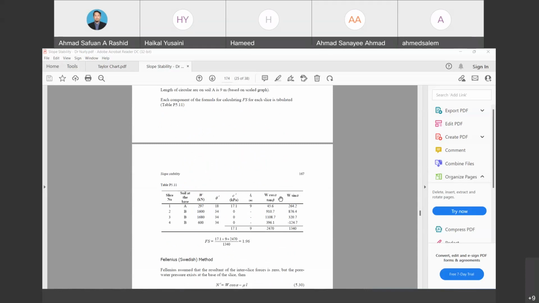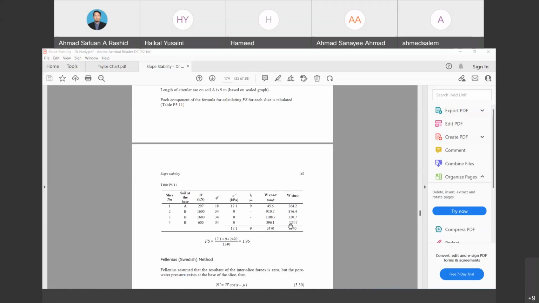If we want to solve a problem related to the method of slices, we need to put it in a table. So W cos alpha times tangent phi, for slice number 1 until slice number 4, the total is 2470. This is for the resisting moment, and this is for the driving moment, W sin alpha, where we obtain 1340.